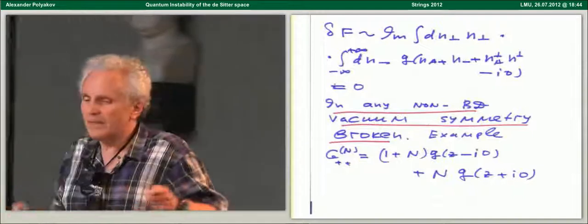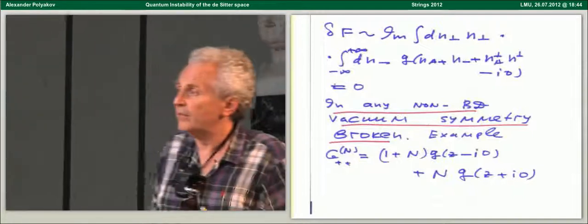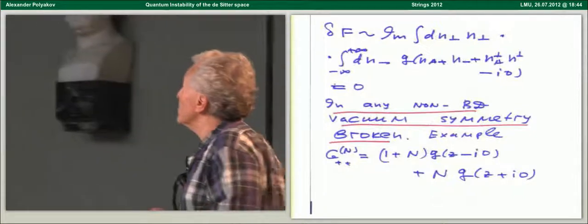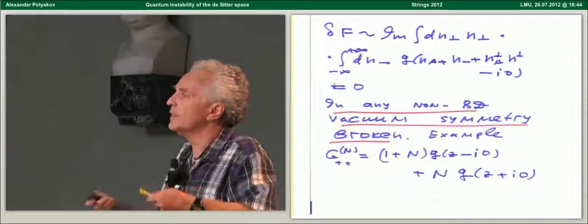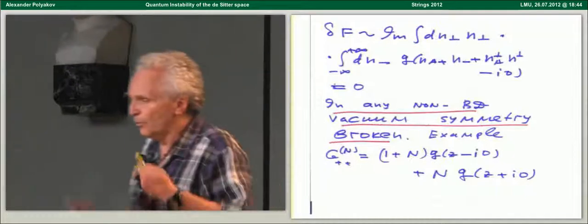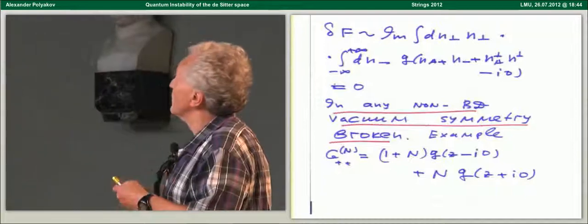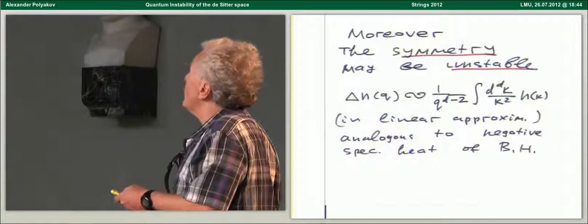So in this sense, the Bunch-Davies vacuum, which is also very much favored by people who work in this field, is a good thing. It's a natural thing which preserves, on a free level, de Sitter symmetry and so on.